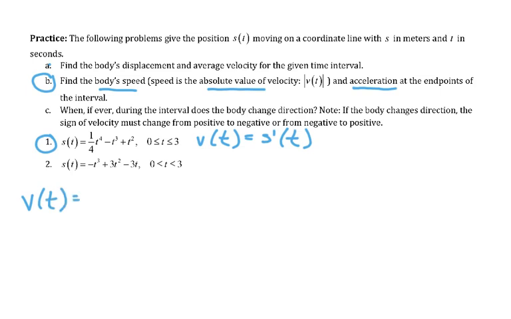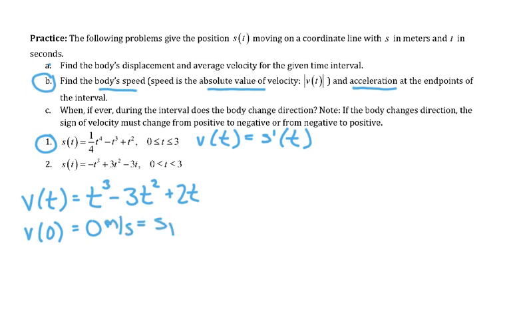So this will be t cubed minus 3t squared plus 2t. At time equals 0, the velocity is 0 meters per second, and that is also the speed because it is positive, right?